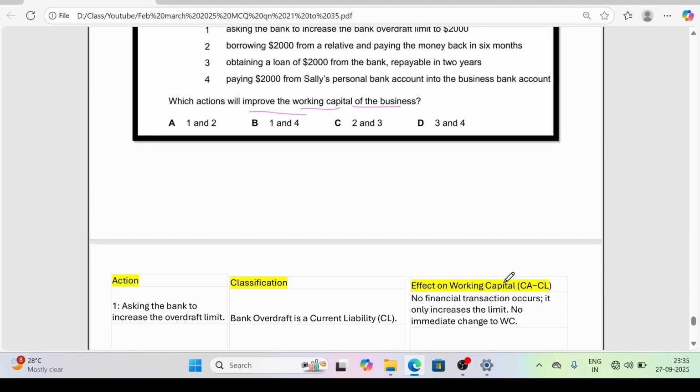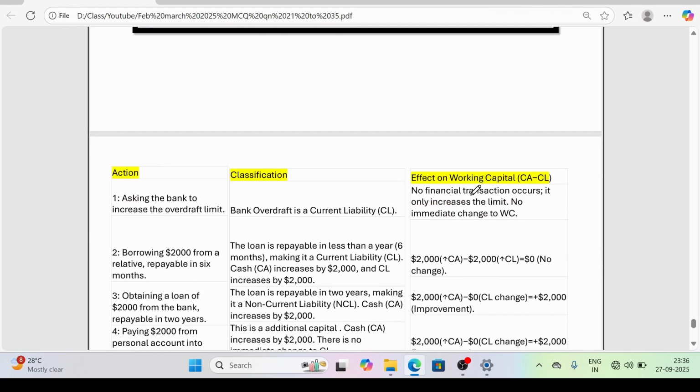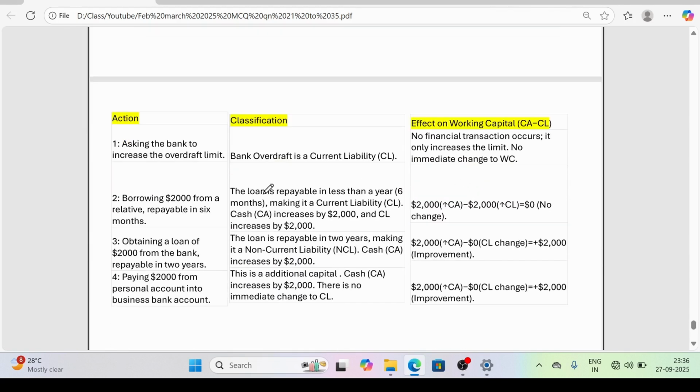So option 1, no. Then option 2, borrowing $2000 from your relatives, repayable in 6 months. That loan is repayable in less than a year, making it a current liability. So current assets increase by 2000 and current liabilities increase by 2000. No change.